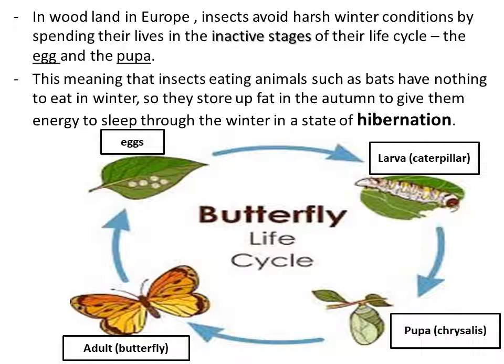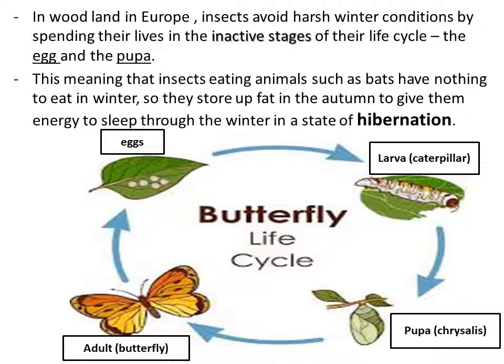This means that animals such as bats, which eat insects, have nothing to eat in winter. So they store up fat in the autumn to give them energy to sleep through the winter in a state of hibernation. Have you noticed that?